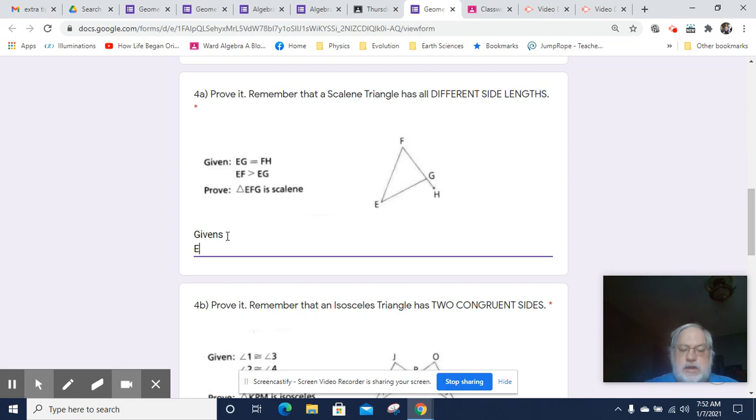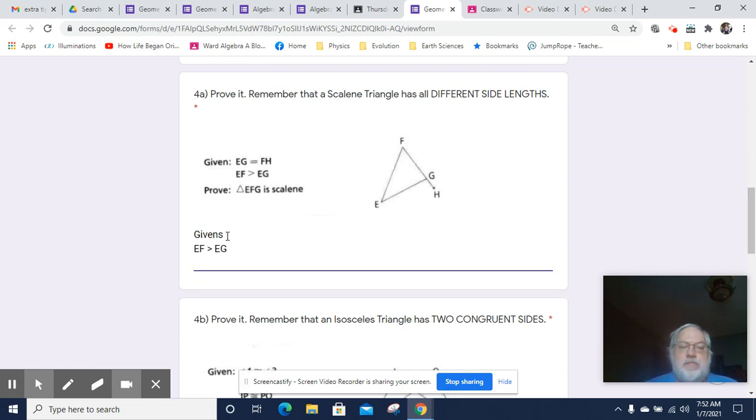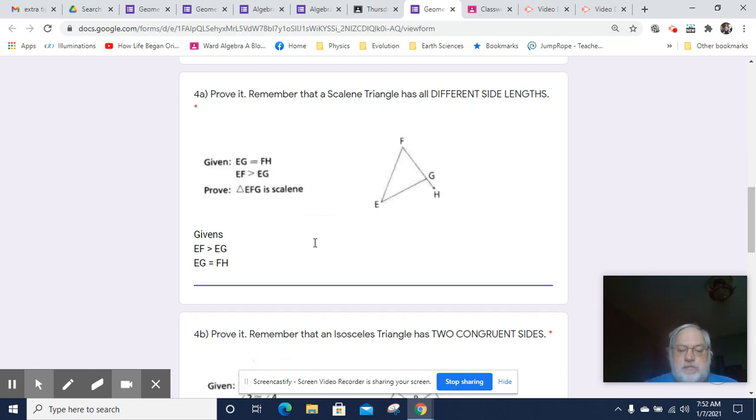We know that EF is larger than EG. We know that EG is equal to FH, but since EG is equal to FH, we can assume from the diagram that FG is less than FH, assumed from diagram.